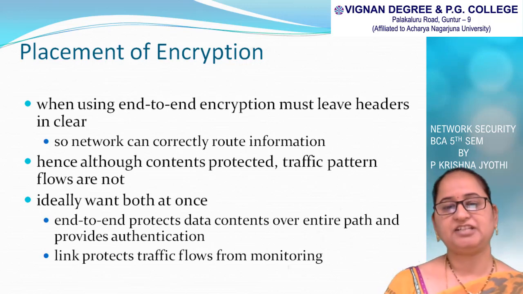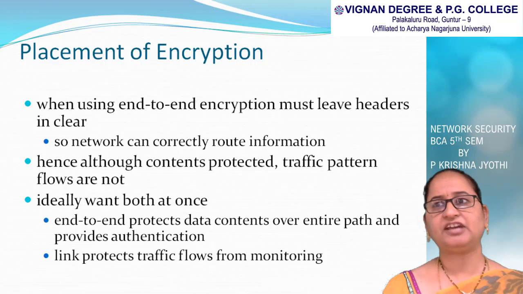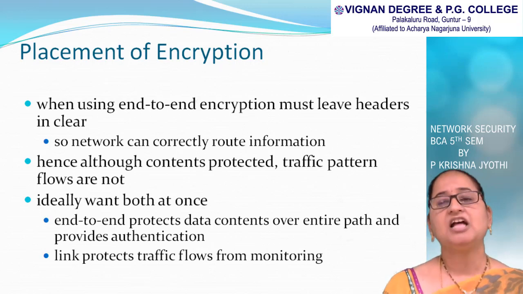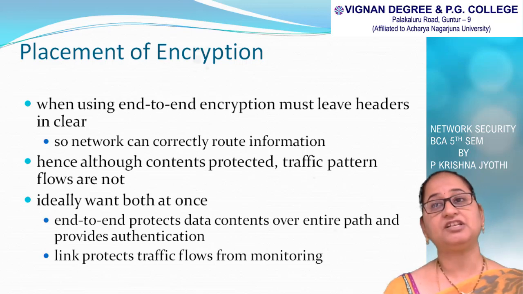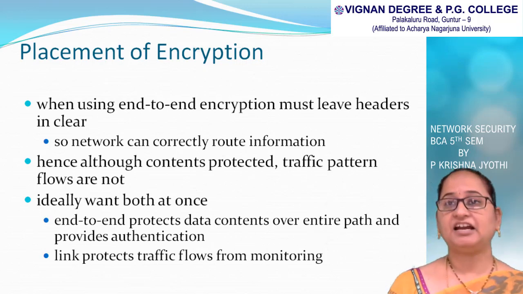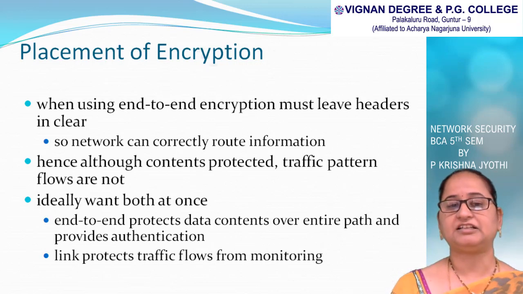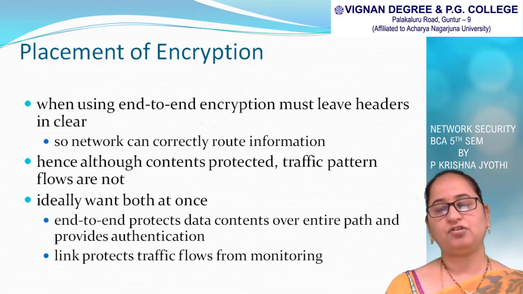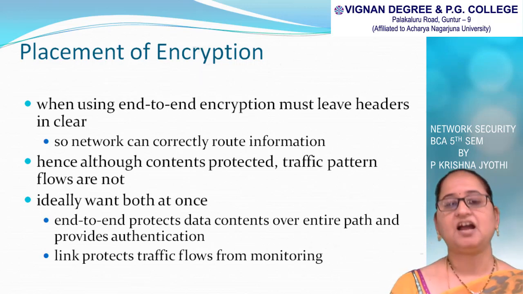When we use end-to-end encryption, we must leave headers in the clear so the network can route the information. This routing information is discussed in computer networks using routing algorithms like hierarchical routing, distance vector routing, and source routing. Hence, all those contents are protected. Traffic pattern protection is not provided, and ideally we want both at once.